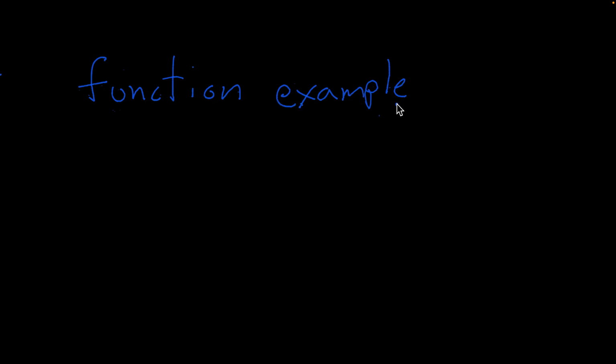What else do we need here? We need parentheses. Right now, we're not going to put anything inside the parentheses, so I'll just keep it closed and short like this. What else? Curly brackets. So we have our opening and closing curly brackets.